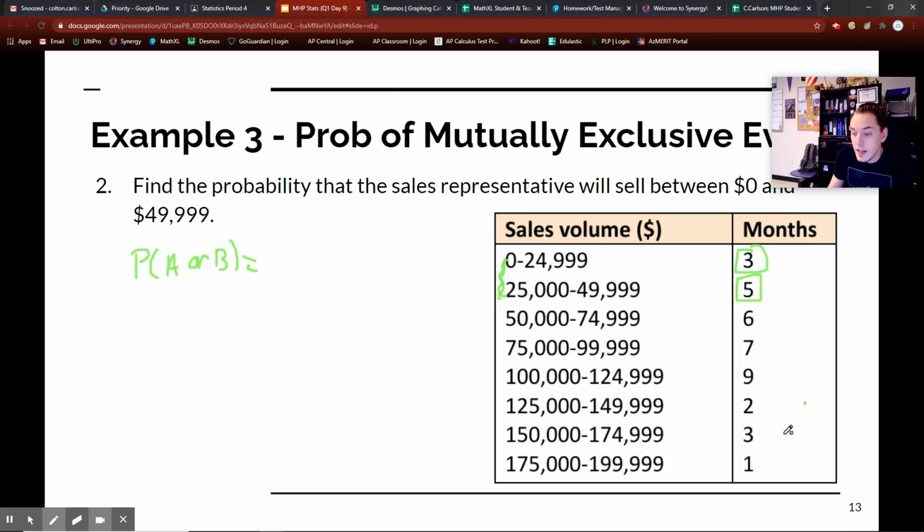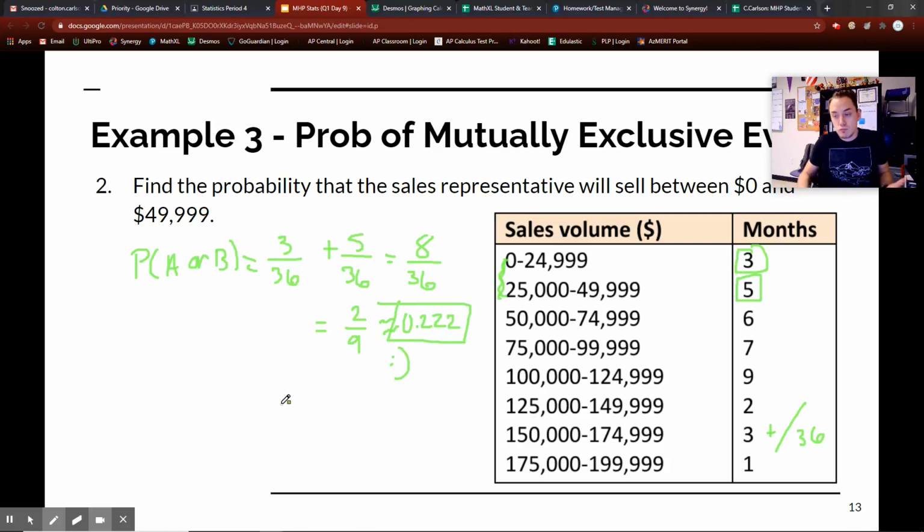And I already know that the total, when I add them all up, is 36. So that means this is just 3 over 36 plus 5 over 36, which is 8 over 36. Take each one divided by 4. This is 2 over 9, and this reduces down to 0.222.